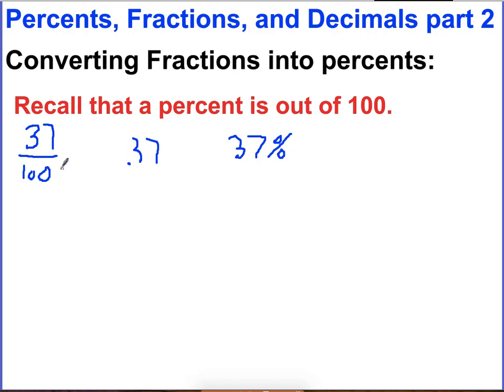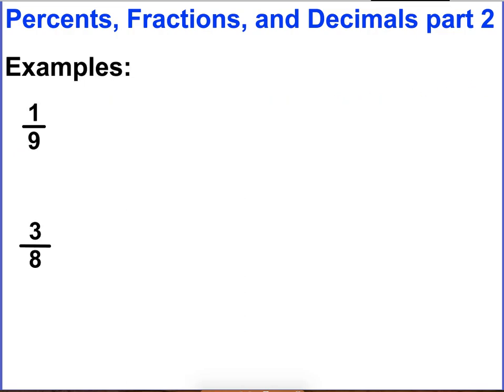This gets a little trickier if it's not out of 100, so we'll have to do some clever things. Let's go ahead and look at what we need to do here. Here's some examples. 1 out of 9, or 1/9. If I have to change this into a percent, I'm going to have to go to a decimal first. How do I do that? Well, I'm going to have to use long division.